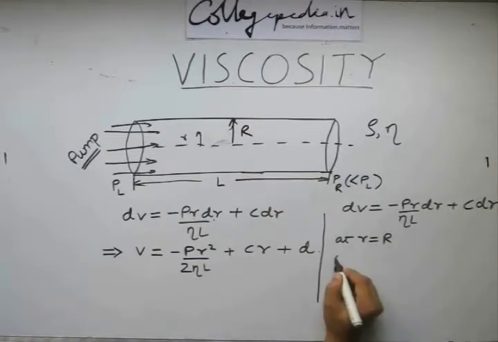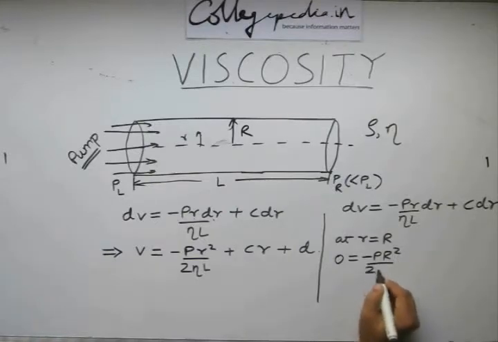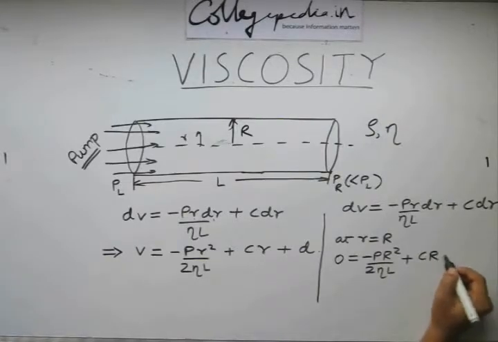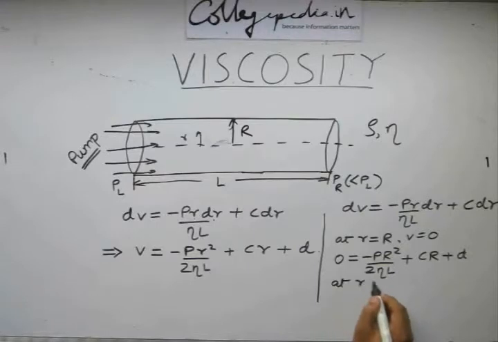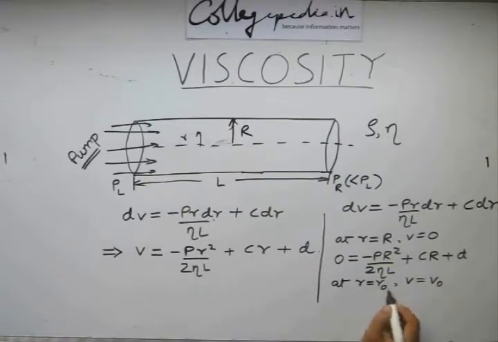So we will have 0 equal to minus P R square by 2 eta L plus C capital R plus D. At r equal to r naught, we will have maximum velocity V naught. This r naught here is nothing but the center line, so r naught is nothing but 0. So V naught is going to be equal to D.